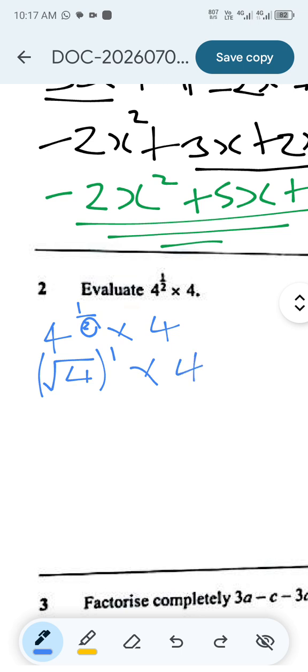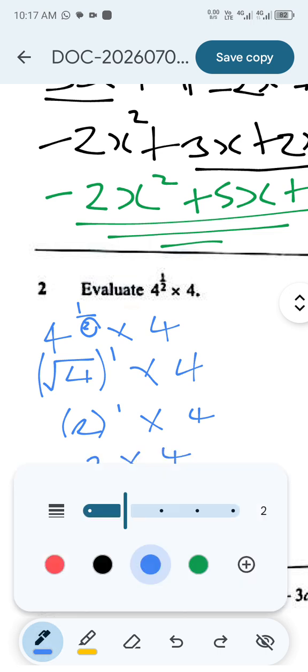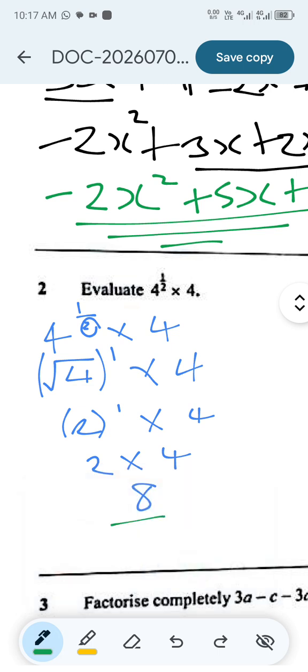When you look at this root of 4, this is basically 2. And when you bring 1 on top times 4, then this is basically 2 to the power 1, which is 2 times 4. And then the answer becomes 8. So 8 is our final answer on this particular question.